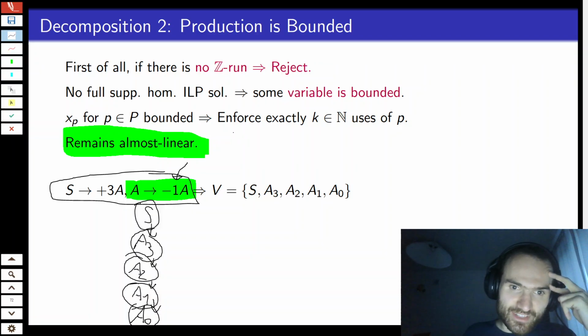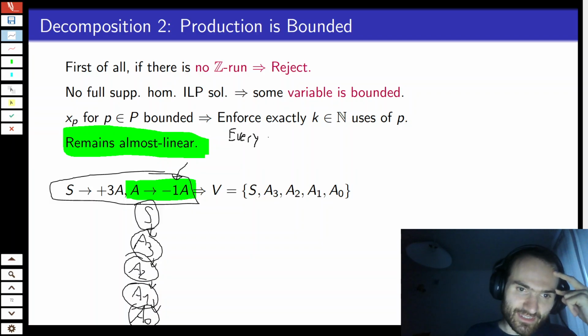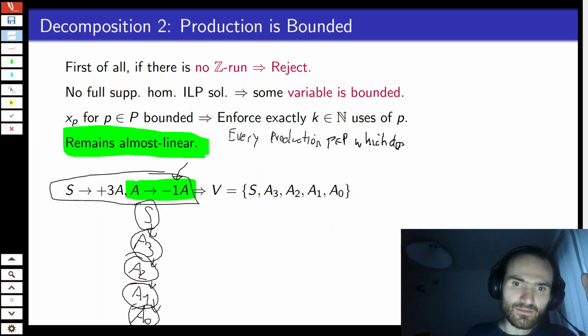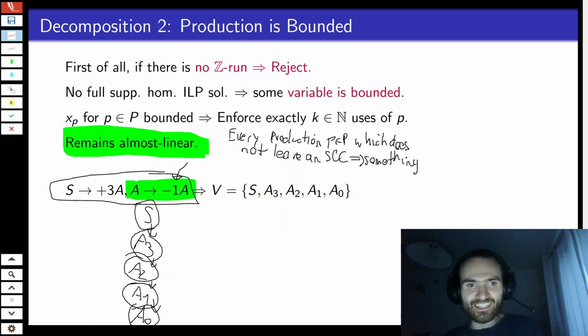The condition for almost linear is: every production P which does not leave the SEC has some property. The exact property is not important, but this is essentially the point.